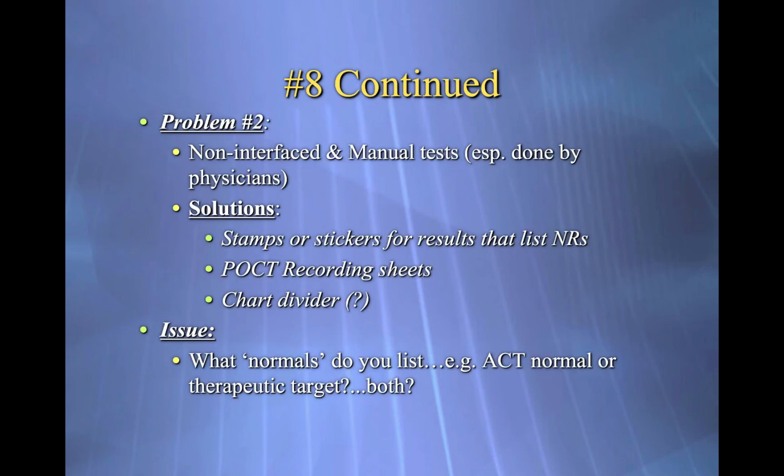For non-interfaced and manual tests, especially the ones done by physicians, you can use things like stamps or stickers. So you have a stamp, you stamp the chart, and that stamp lists the normal ranges for a glucose. So I'm Dr. Hamill, I did the glucose, I stamp it, I put down the level, and right there on the stamp it's got what the normal ranges are.